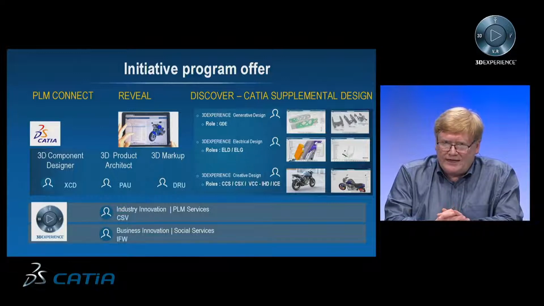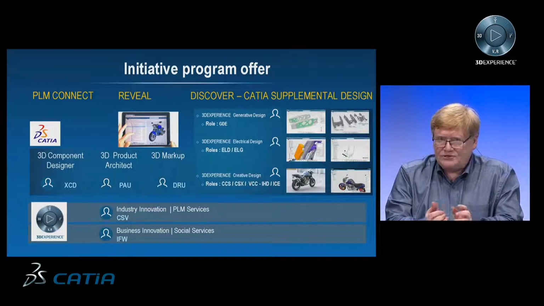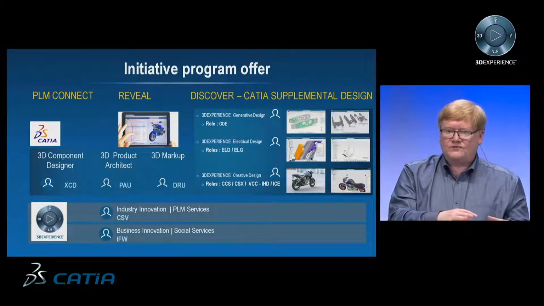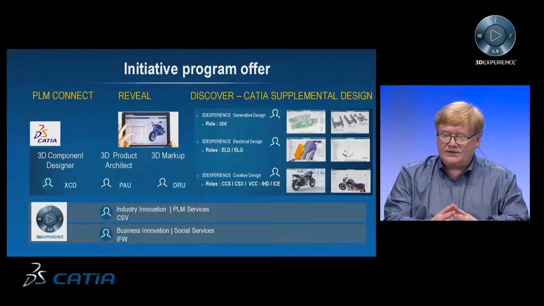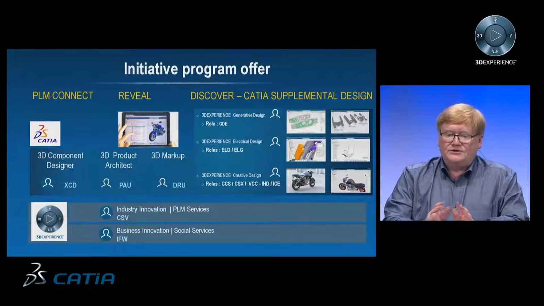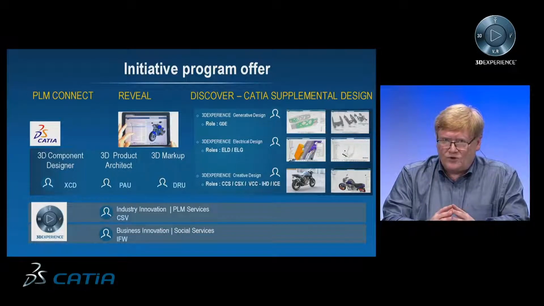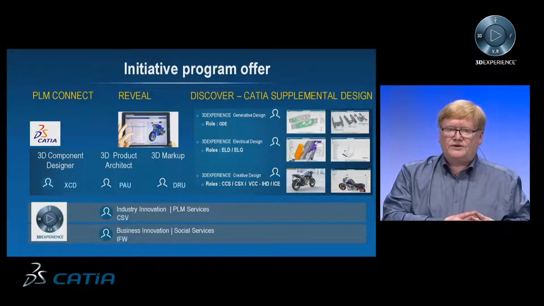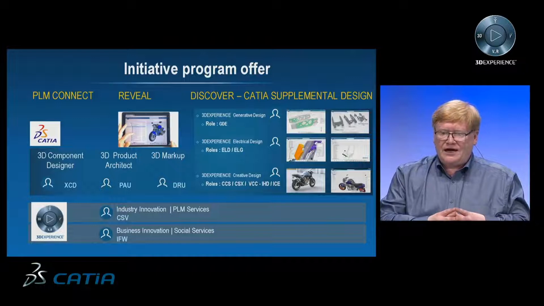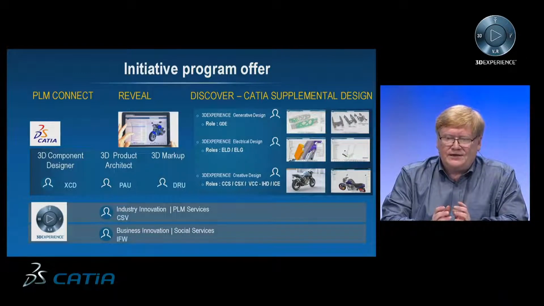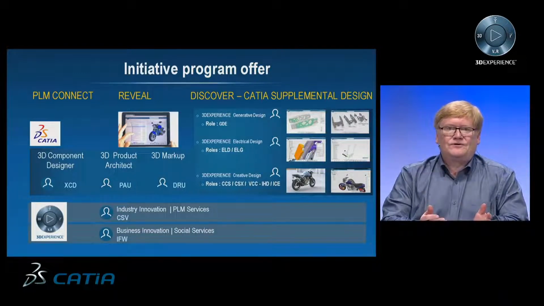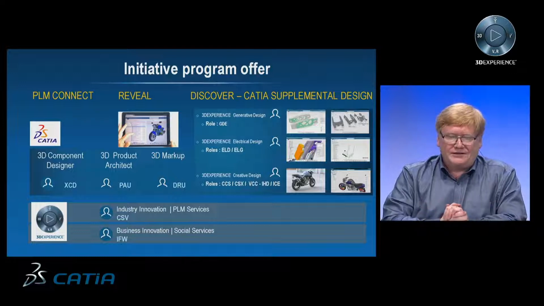Electrical design for the electrical designer who wants to take advantage of the new 3D Experience CATIA electrical design capability, but on top of a structure which is designed in and continues to be designed in CATIA V5. And finally, you saw some examples in the creative design world where we can start with a product in CATIA V5 and use multiple new 3D Experience CATIA capabilities to really expand the sort of product quality that we can achieve at the end.